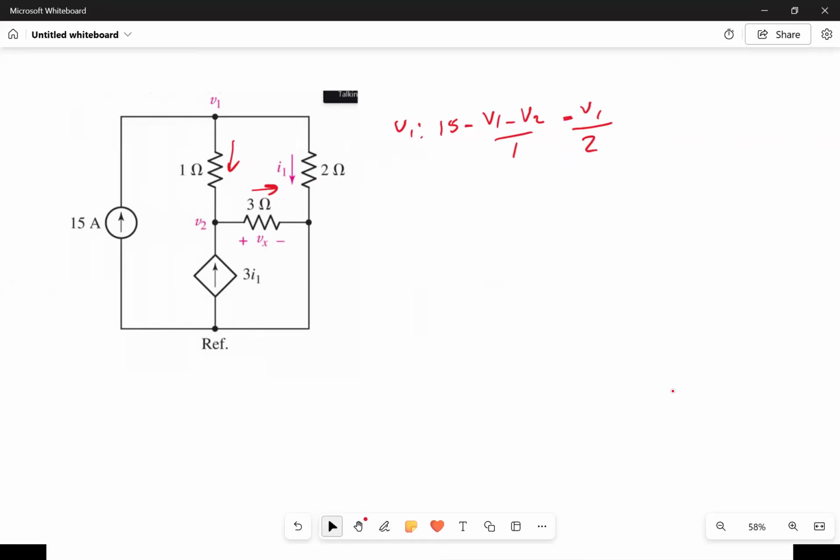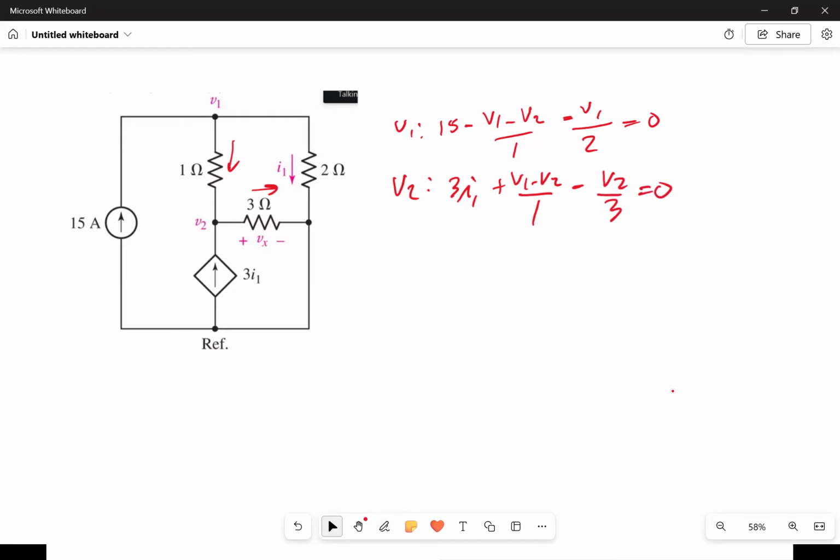Those are all the currents, and they sum to 0. At my V2 node, I have 3I1 going in, plus (V1 minus V2) over 1, also going in. Going out is (V2 minus 0) over 3, and that equals 0. Those are all my nodes.